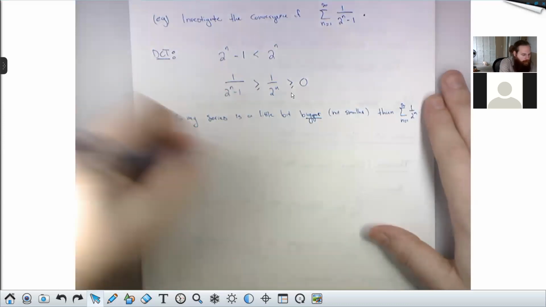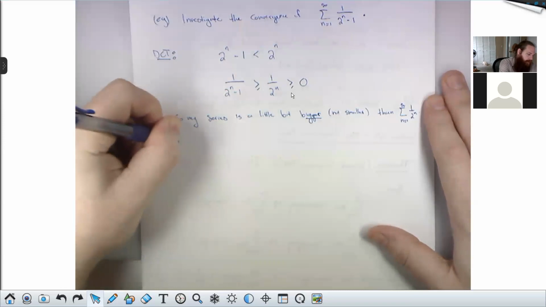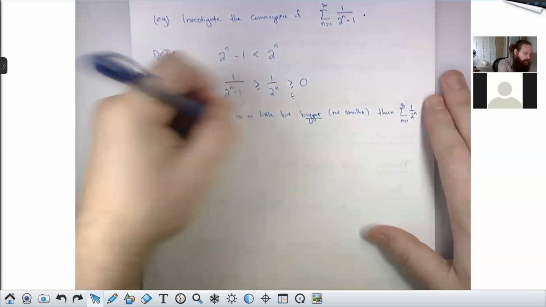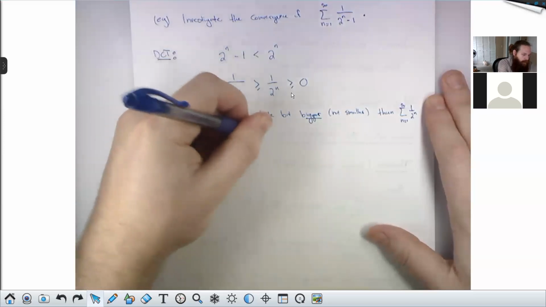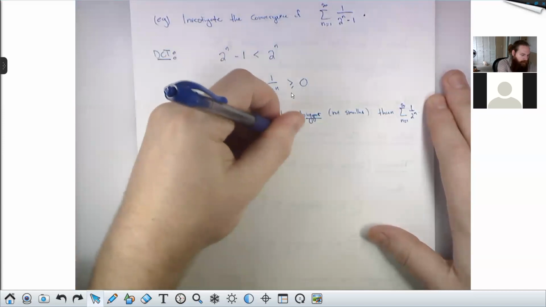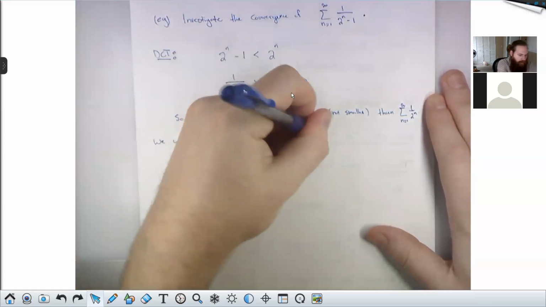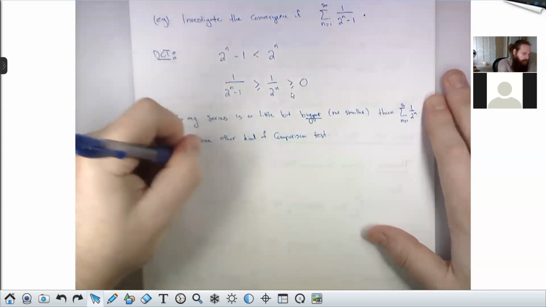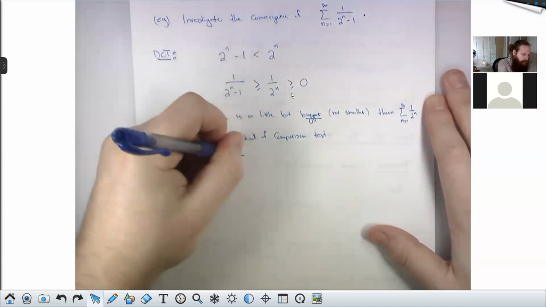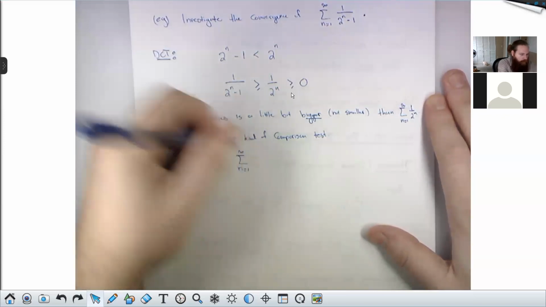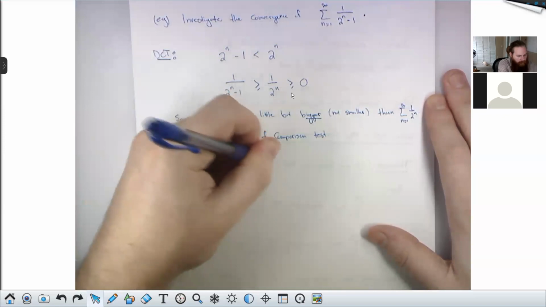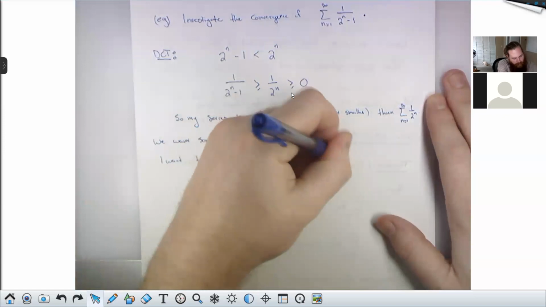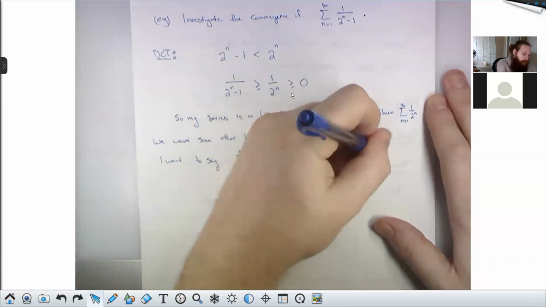So really what we want is some other test, some other kind of comparison test. What I want to say is that sigma n from 1 to infinity of 1 over 2 to the n minus 1 is really, really close to sigma 1 over 2 to the n.